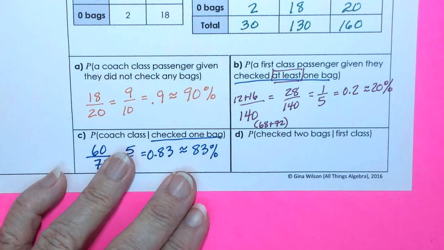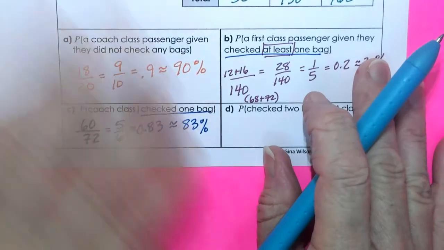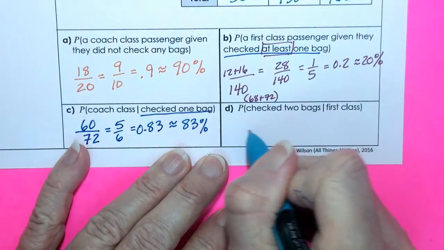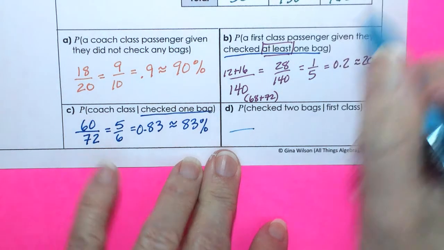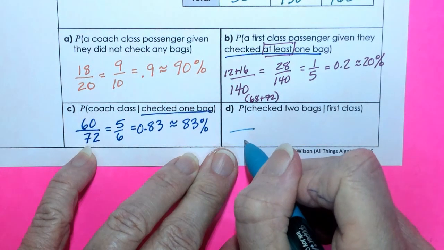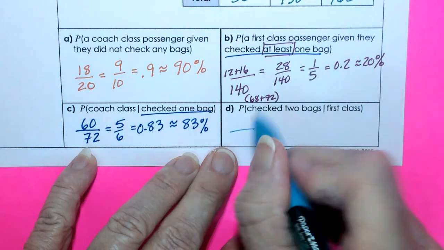And we have one last query down here, and it says, check 2 bags given that they are first class. So let's look at everyone in first class. There are 30 people.